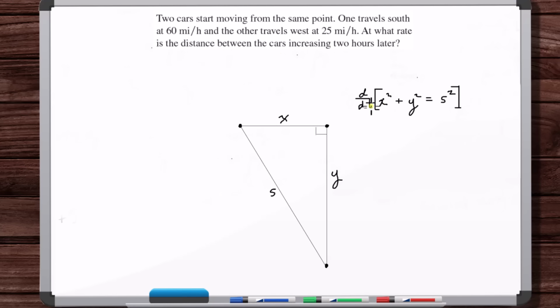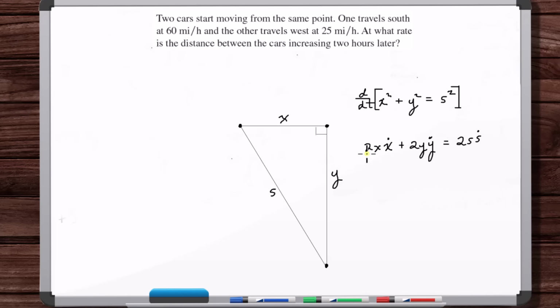What is d/dt of x squared? That's 2x. Instead of dx/dt, we'll write x dot, a symbol for the first derivative of this function with respect to time, plus 2y y dot is equal to 2s s dot.